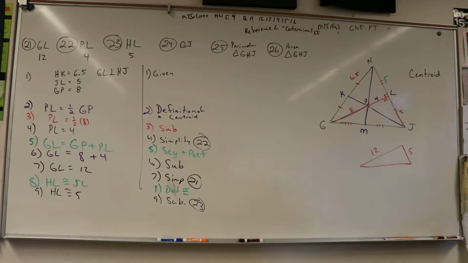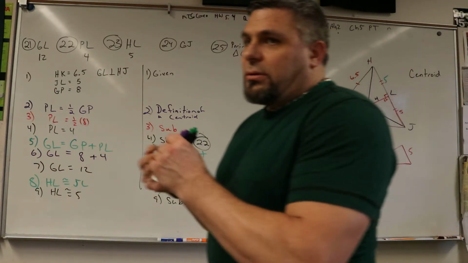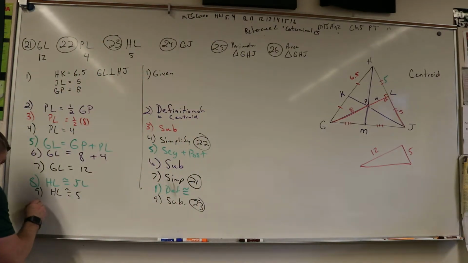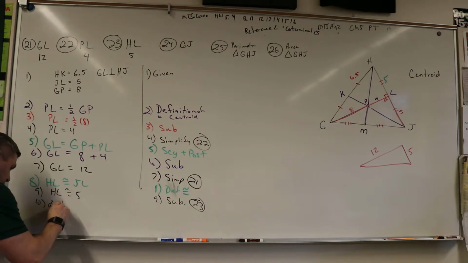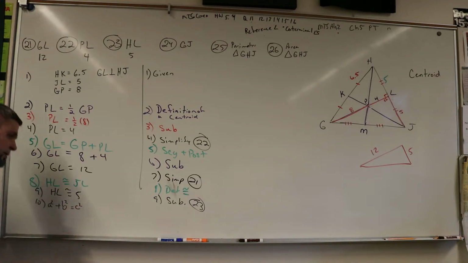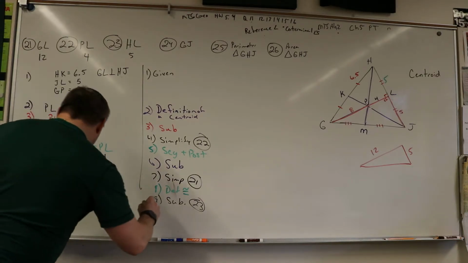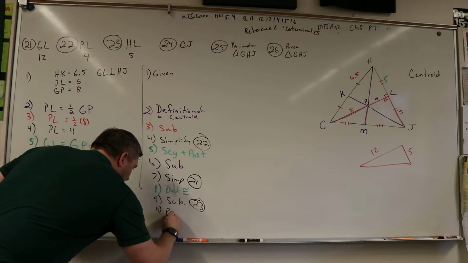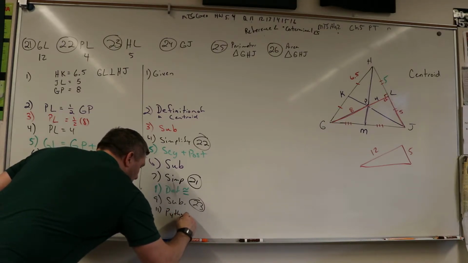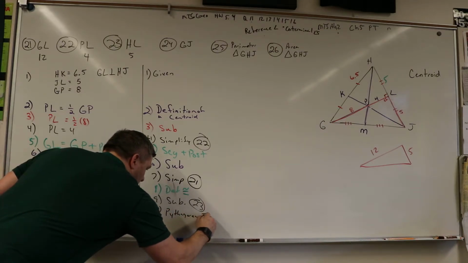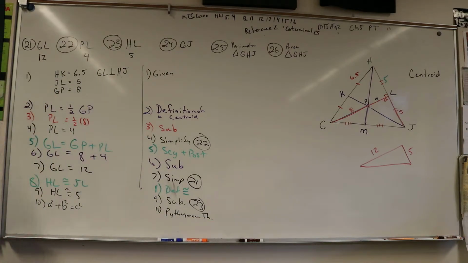Okay? How do we find this side? A squared plus B squared equals C squared. What's that called? Pythagorean theorem.